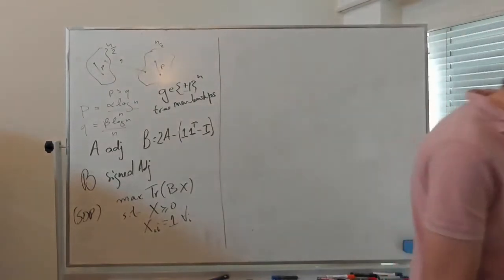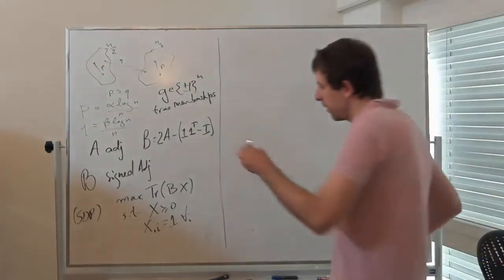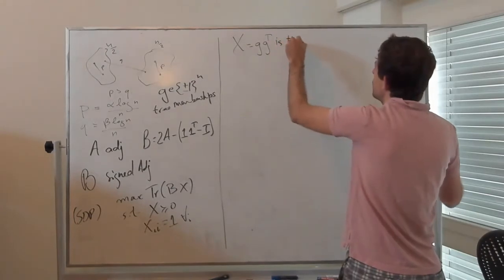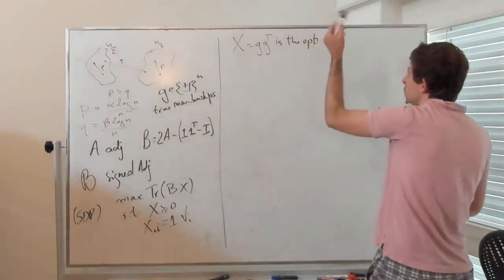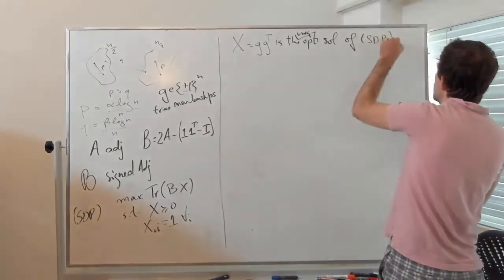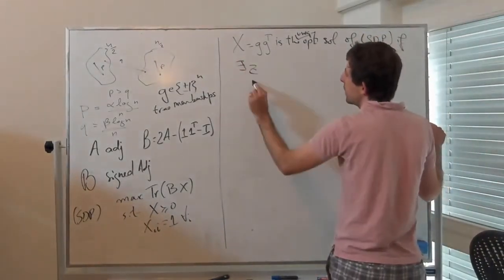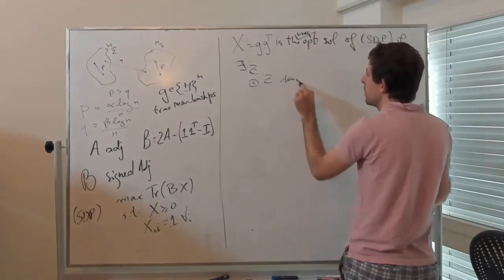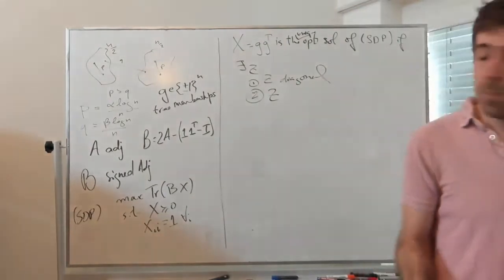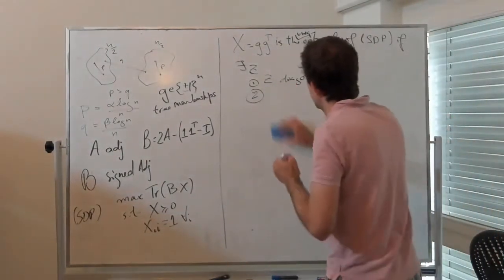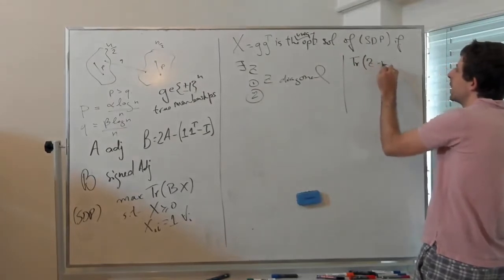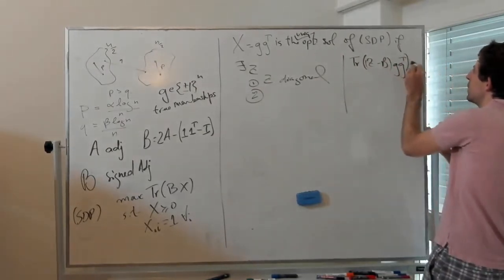We finished last time with this theorem saying that X equals g g transpose is the unique optimal solution of the SDP if there exists a matrix Z that satisfies the following properties. One, Z is diagonal. Two, Z needs to satisfy the so-called complementary slackness condition, written as trace of (Z minus B) g g transpose equals 0.